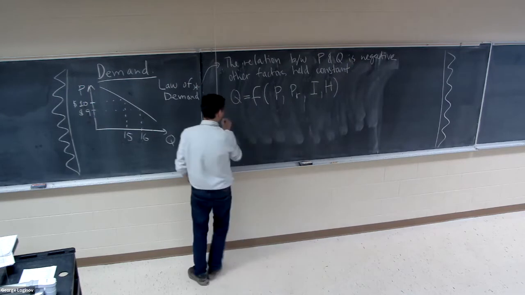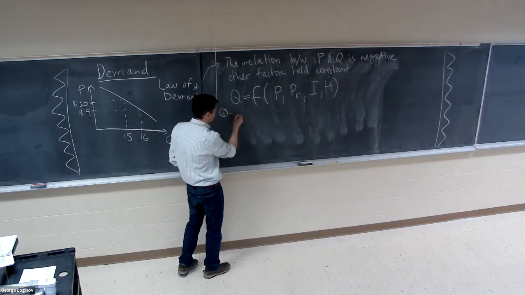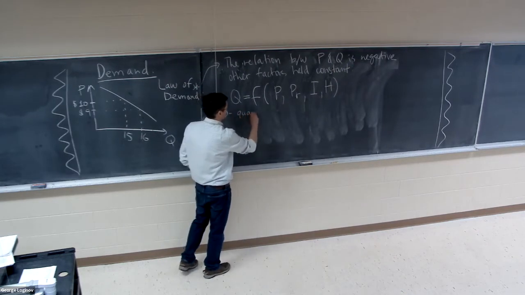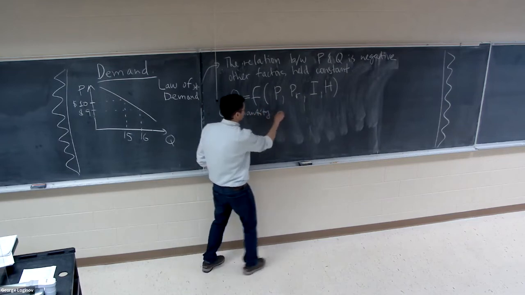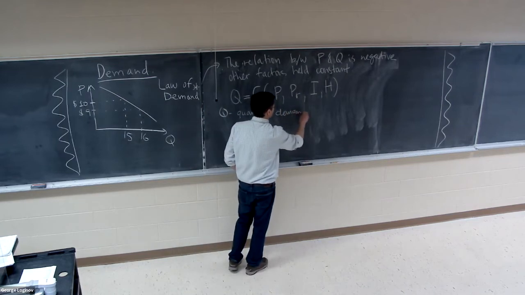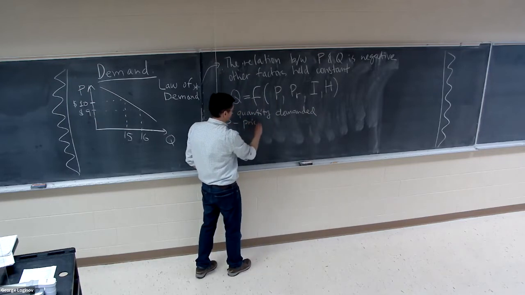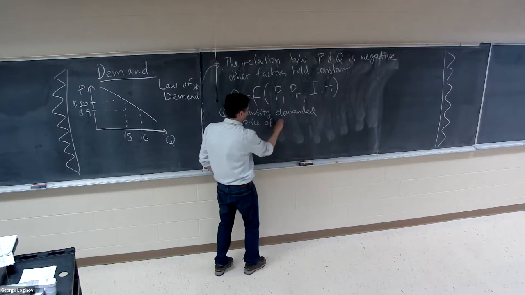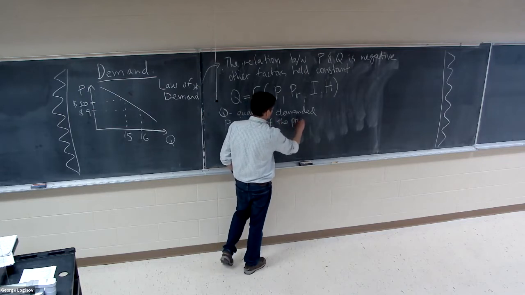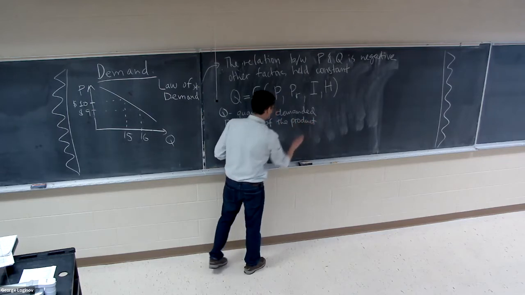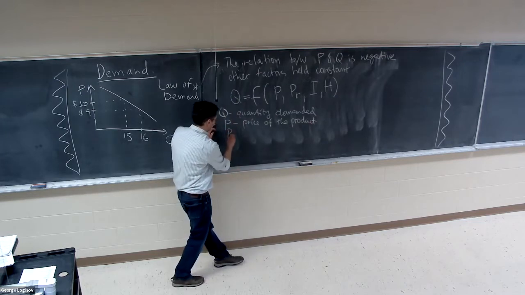Q is our quantity demanded, the amount we'll be able to sell. P is the price of the product, just like P_R would be prices of related products.